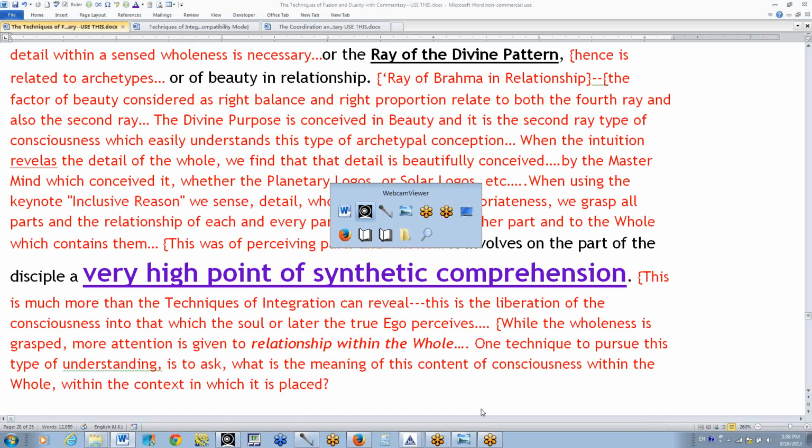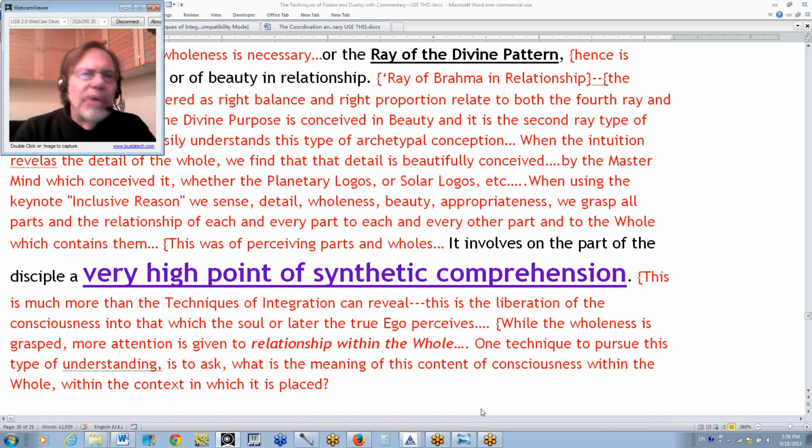We can look at a thing, and it just looks like a thing, unrelated. We can look at a person, a city, an automobile, a planet, whatever, any content of consciousness. What is it? Well, we just look at it. But until we know its relations, where it came from, where it's going, what is affected by what it affects, we do not know what it is. And until we begin to study all of its relations, or as many as we possibly can, we do not know what it is within the context, what it means within its present context.